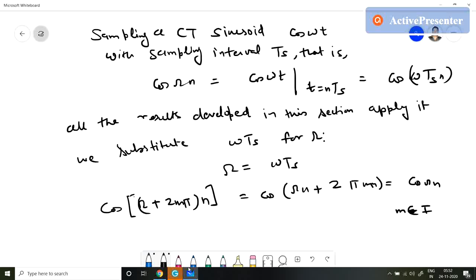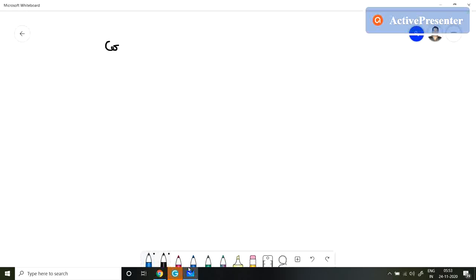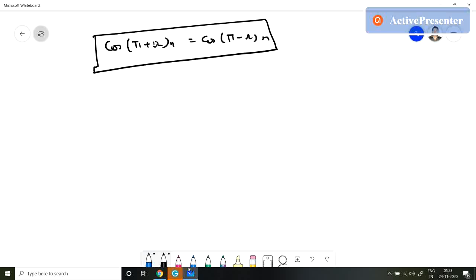Further, we can say that cos(π ± Ω)n equals cos πn cos Ωn minus plus sin πn sin Ωn, that is equal to (-1)^n cos Ωn. So we can observe that cos(π + Ω)n is equal to cos(π - Ω)n.